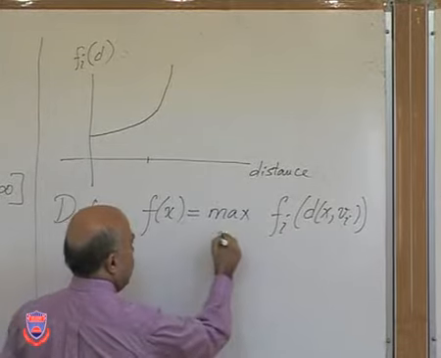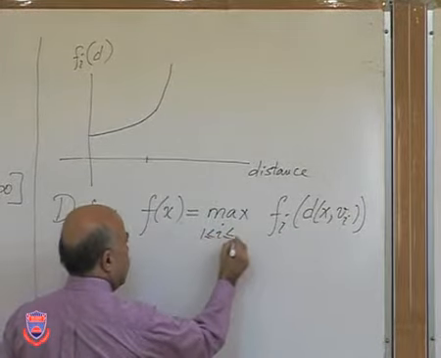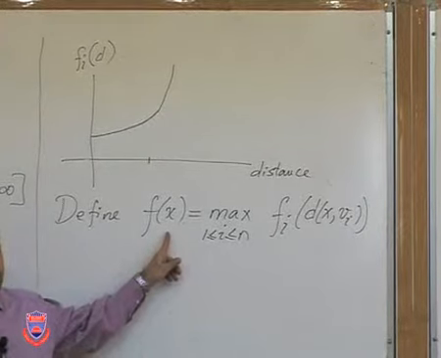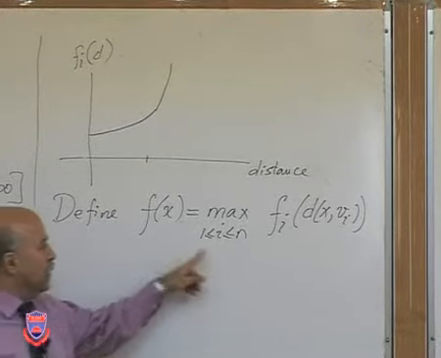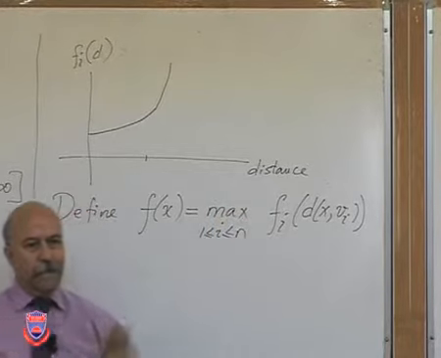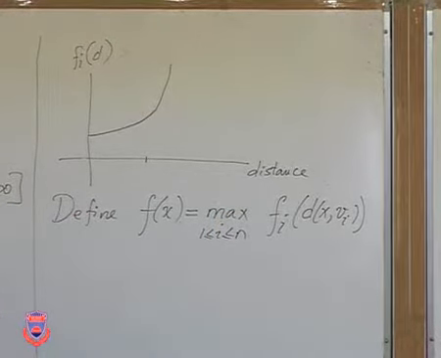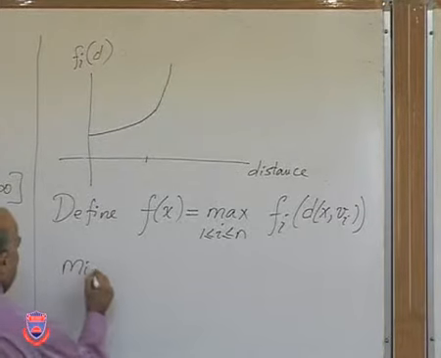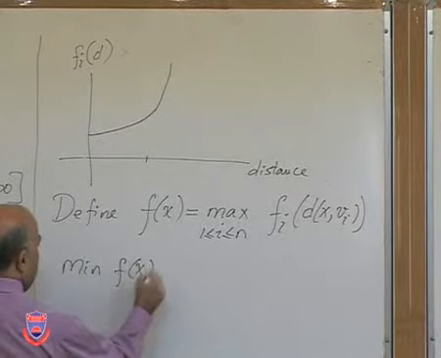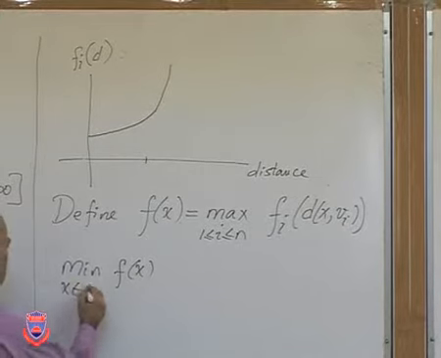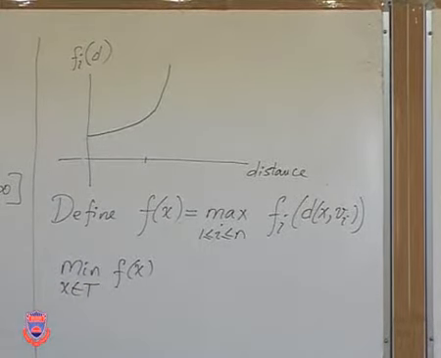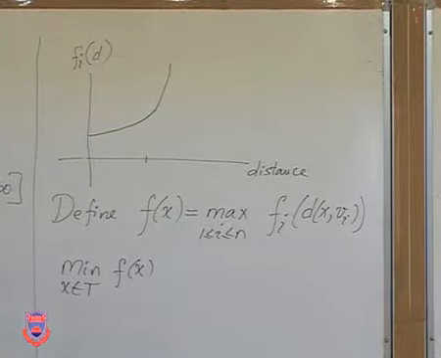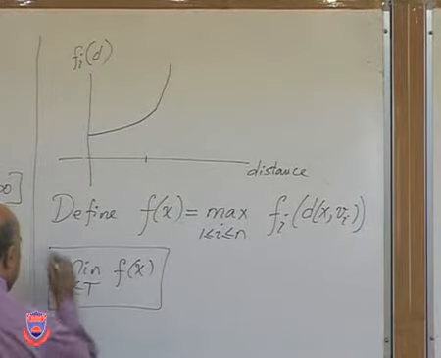And whatever the maximum loss is, that gives you the worst loss incurred by placing your center at point X. And what you want to do is minimize f of x over all possible points in a tree network. Okay? That's the problem under consideration.